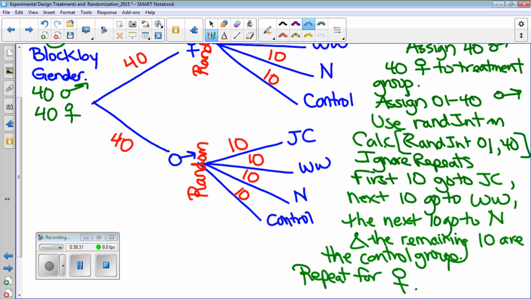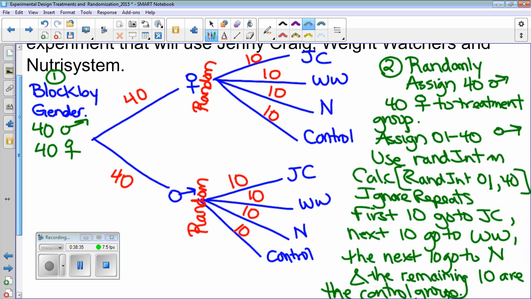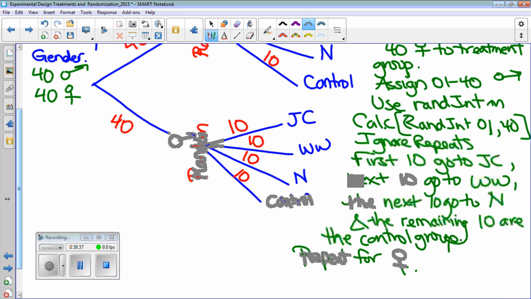Okay? Now, the last thing I have to say here is once I've assigned them their treatment groups, what am I actually trying to do at the end? Compare them. And aren't I measuring something to see if they lost weight? So at the end, you're going to compare within each block.